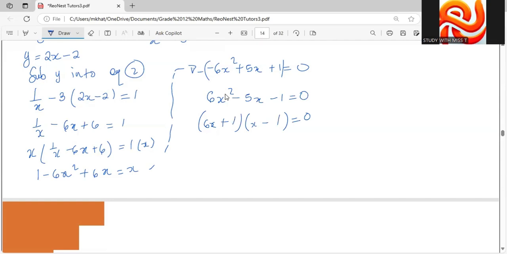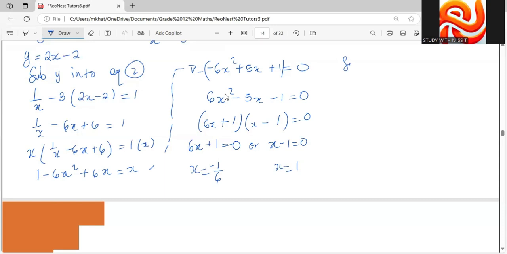So don't worry about 5 because you're going to have 6x minus x, but in this case, you must have negative 6x plus x to get a negative 5. So I'm going to have 6x plus 1 equals 0, or x minus 1 equals 0. So x will be equal to negative 1 over 6, or, transposing, x will be equal to 1.